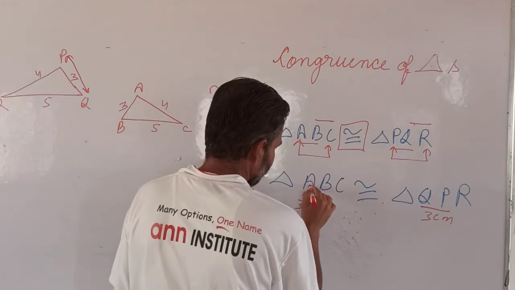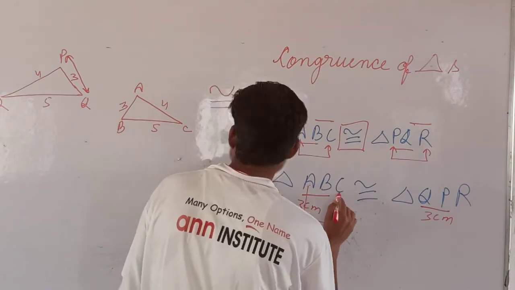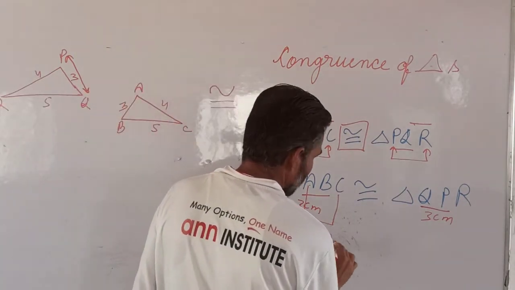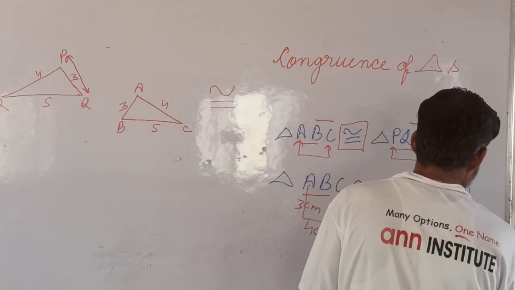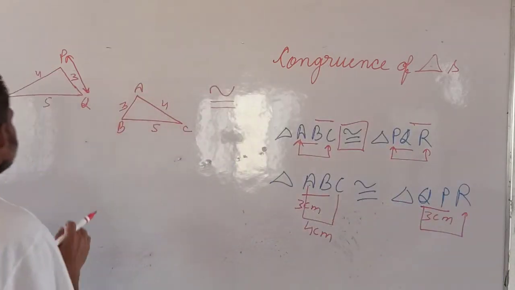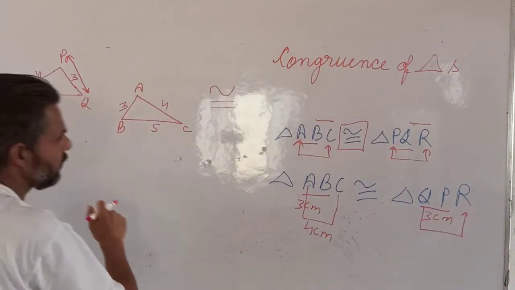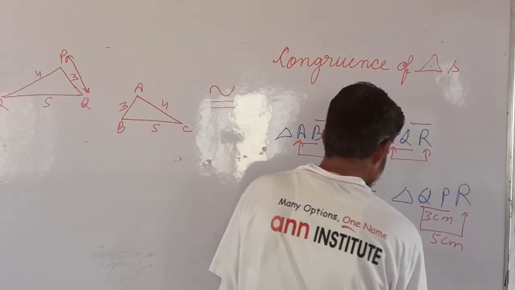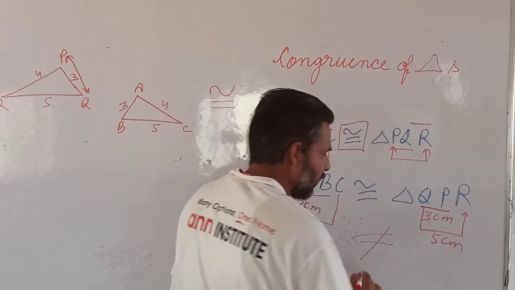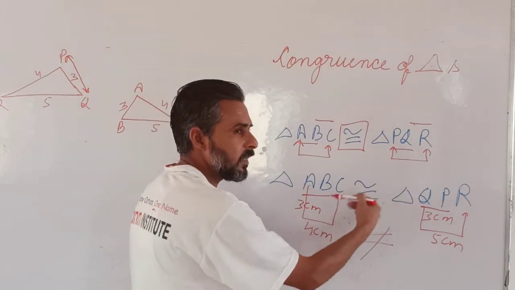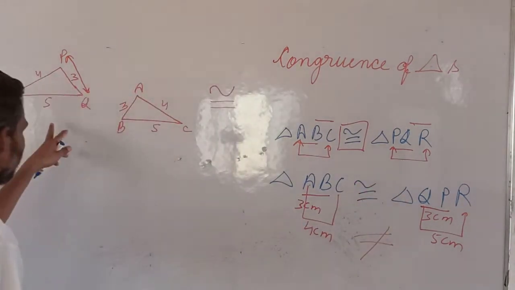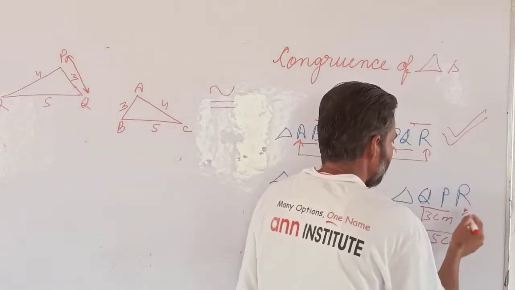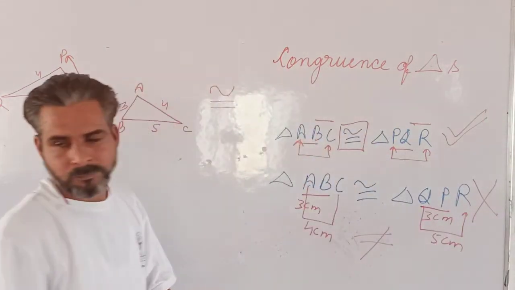Then AC is 4 centimeters here. QR is 5 centimeters. So this is not equal. That's why this naming is wrong. So if these two triangles are congruent, then the naming should be like that only, not like that.